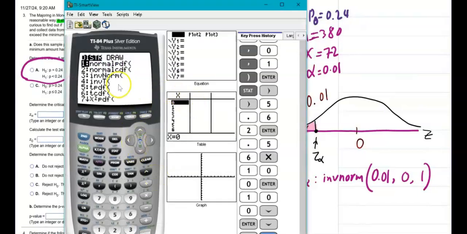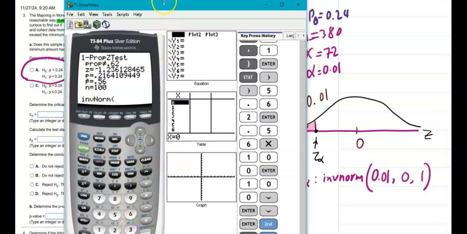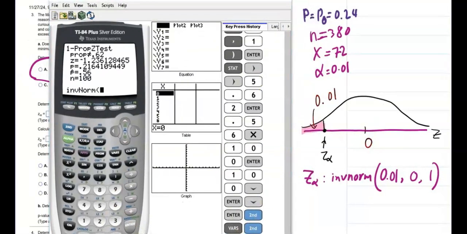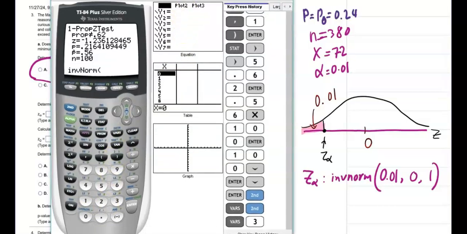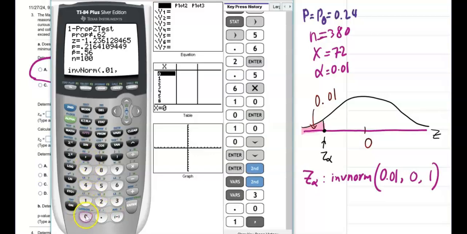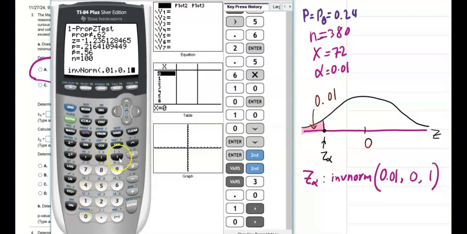You press 2nd, VARS, and you get this option. Number 3 is invNorm, so you use left area, you type 0.01, comma 0, comma 1, close parenthesis.